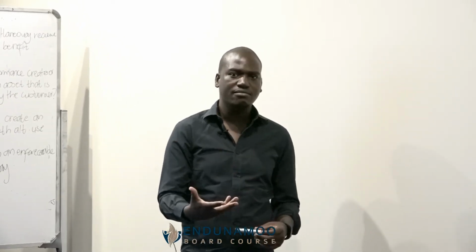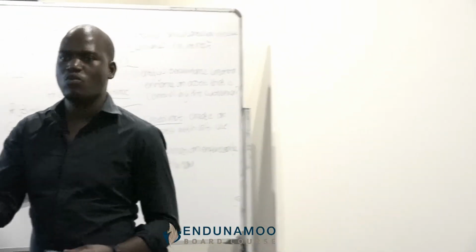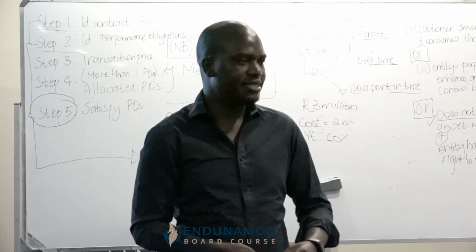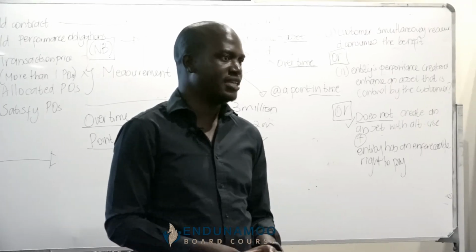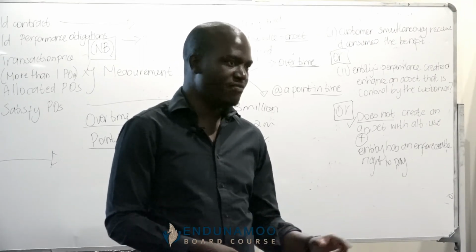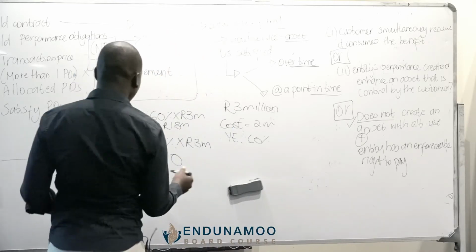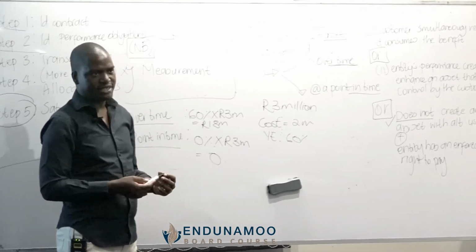Over time allows you to recognize a portion of revenue as and when you fulfill a performance obligation. At a point in time says only when you're 100% done with the contract can you recognize revenue, only when you've delivered the item. Is that clear? So this is why they had to clarify how you actually get into over time.